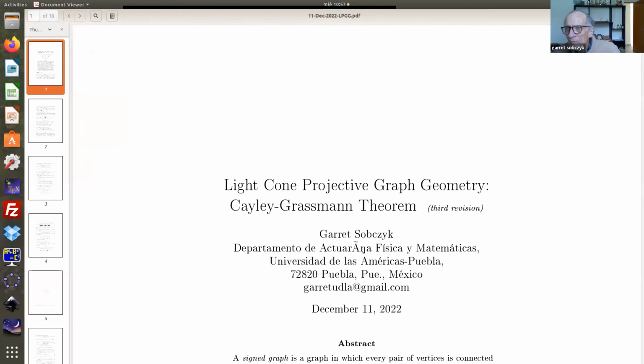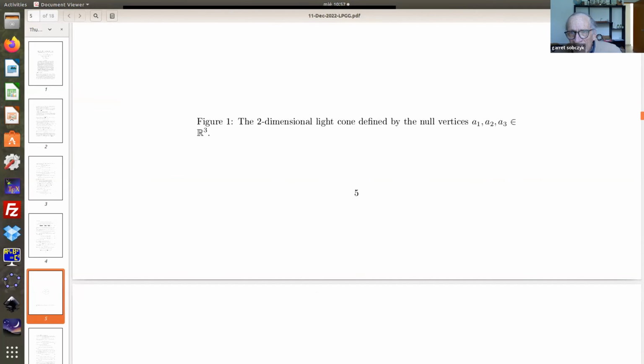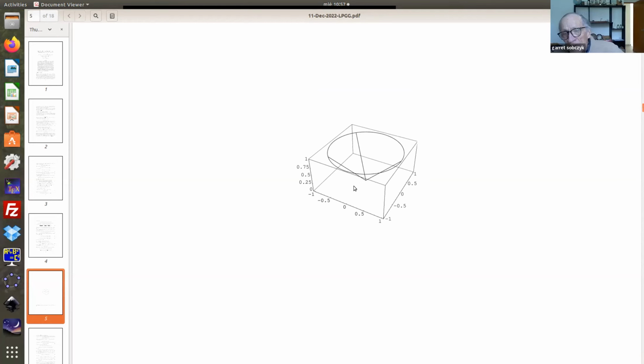Okay, let me go down to this paper and show you something I think is very interesting. That's in three-dimensional space. This is a light cone in dimension 1, 2. We have A1, A2, and A3, which are just the angles between these two vectors. So that's one figure.